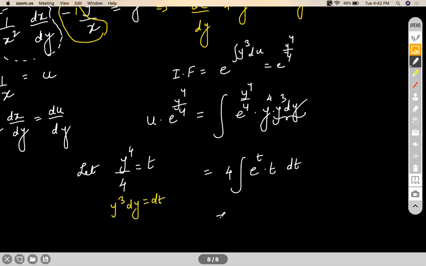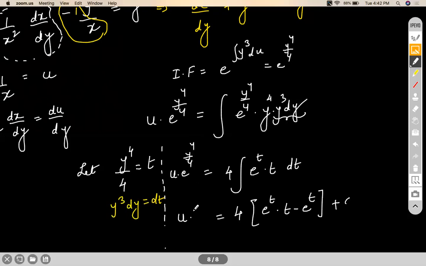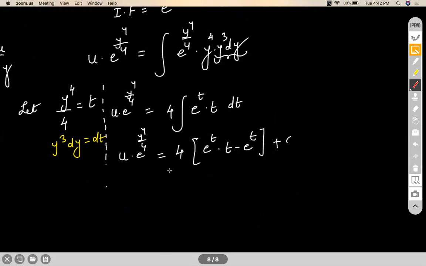So again, this is an integration by parts scenario. So it is e to the power t into t minus e to the power t plus c. On the left hand side, you had u into e to the power y to the power 4 by 4. I'm just copying it as it is. Put your t back. Put your u back also. u was minus 1 by x.